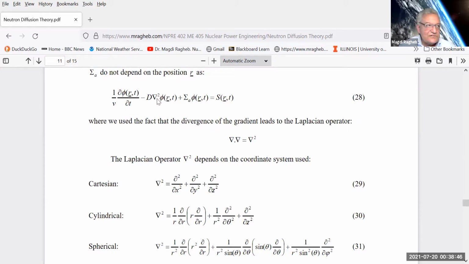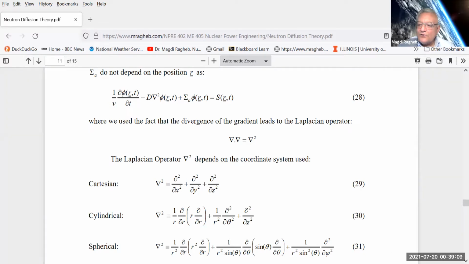Notice that the divergence operates on vectors. So these are the components of the vector, which is the gradient. So in that case, we end up with a simpler equation with D a constant for a homogeneous medium. And basically, we know the divergence of the gradient is the del squared, or the nabla squared, or the Laplacian operator.